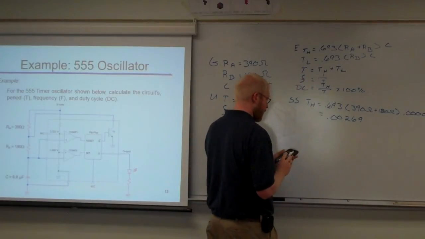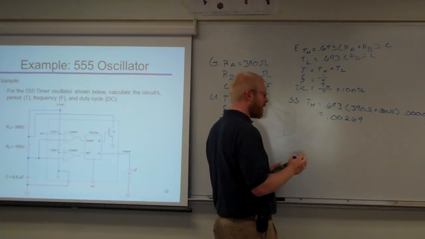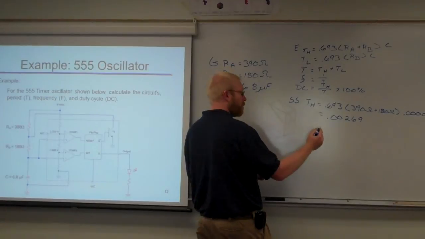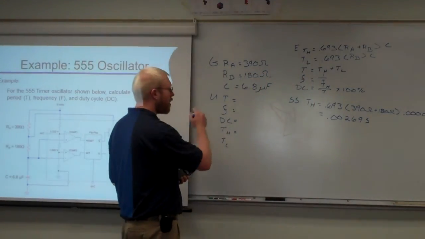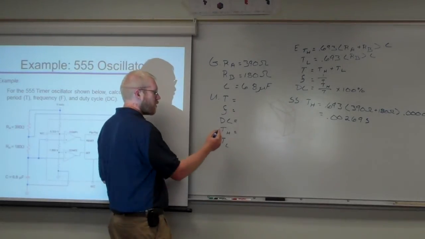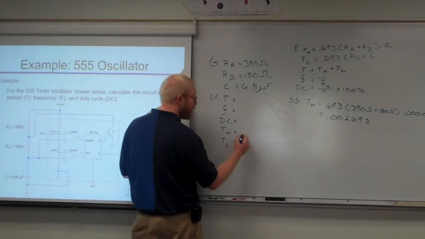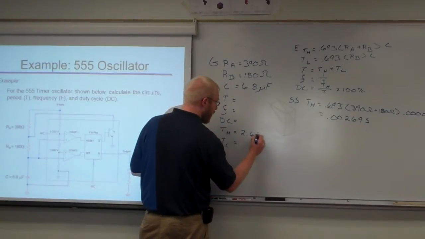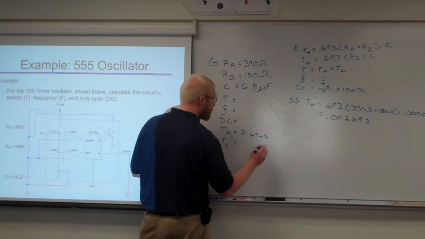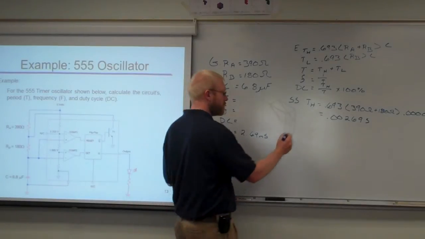I could put my label on there, that is time, so it's in seconds. I'm going to bring that back over to my unknown list. So I know that my time high is going to equal, converting it into SI prefix, 2.69 milliseconds.